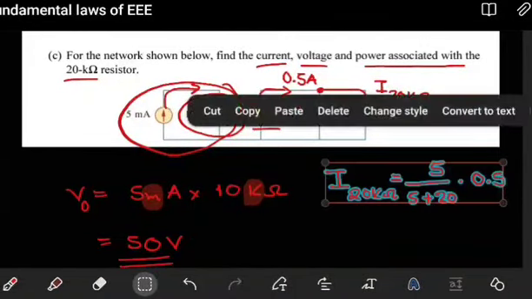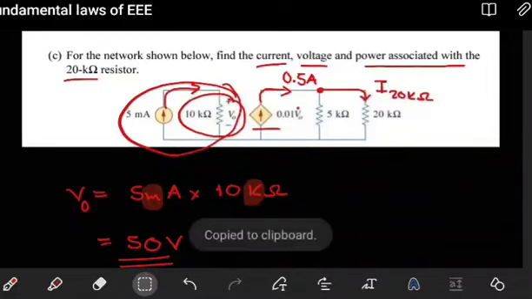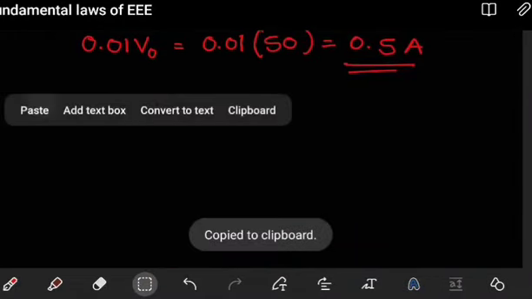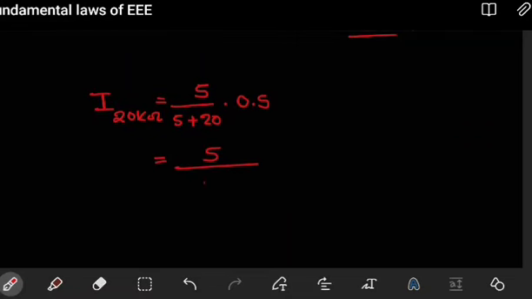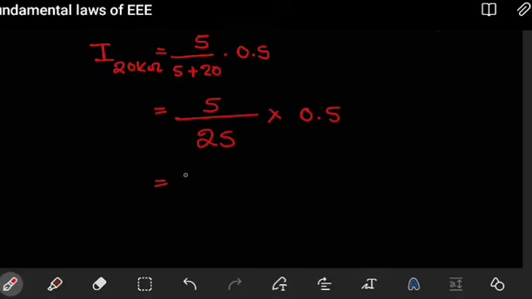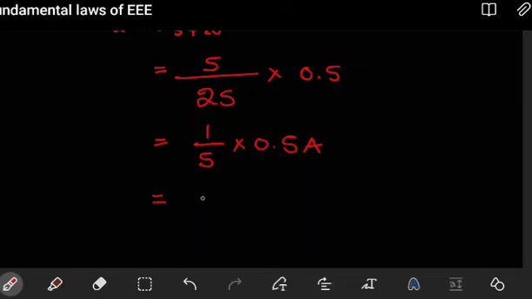So let's simplify this to find the value. Here we'll add what needs to be added. This will be 5 over 25 multiplying 0.5. So this is just 1 over 5 multiplying 0.5 amps, and this will give us 0.1 amps.